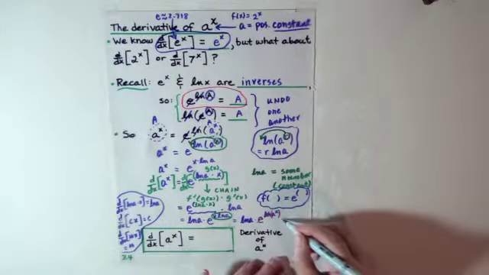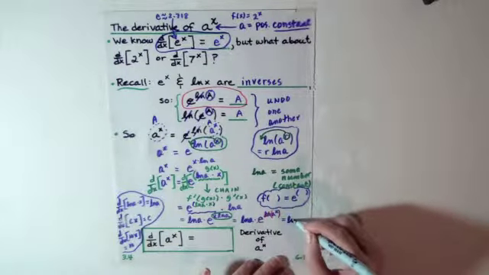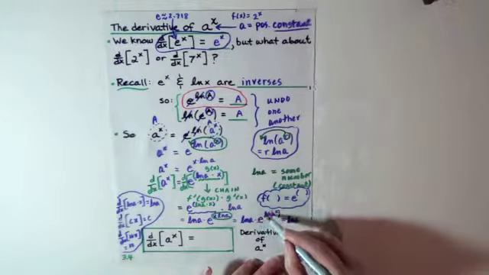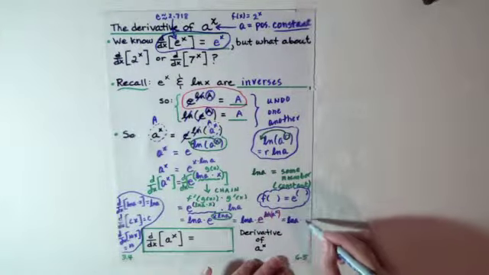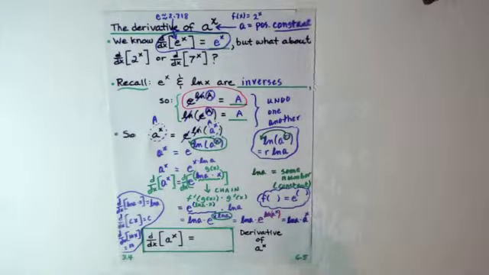So what do I end up with here? I have this factor in front, that's the number ln of a, whatever number that comes out to be, and these have undone each other, so that's times a to the x. What do I end up with then?